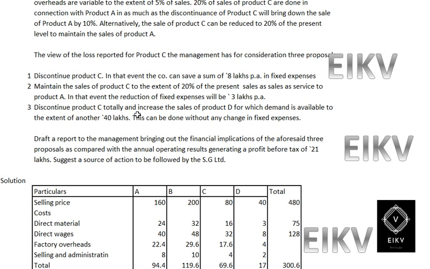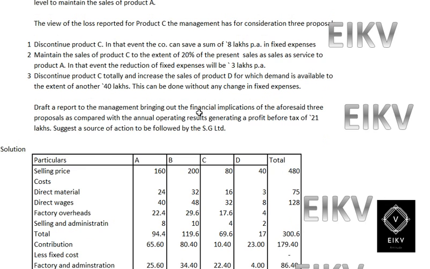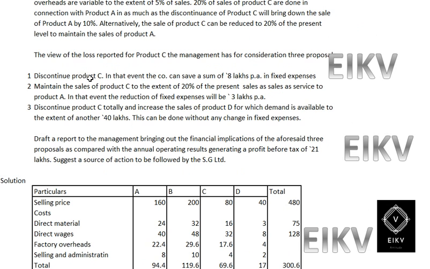Third proposal, discontinue product C totally and increase the sales of product B for which the demand is available to the extent of another 40 lakhs. This can be done without any change in fixed expenses. So these are the three proposals.